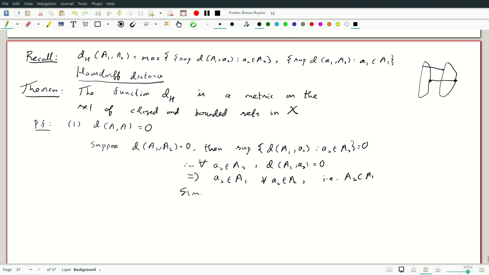Similarly, A1 is contained in A2. So we are done, because that is A1 equals A2. This is a slightly non-trivial property, but it follows from the previous result. We saw that if you have a point not in a closed set, it has a positive distance from the closed set. Second, symmetry is clear.